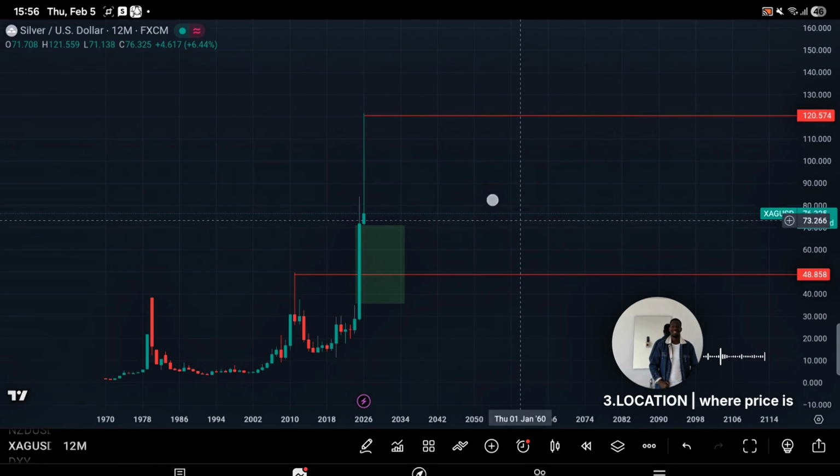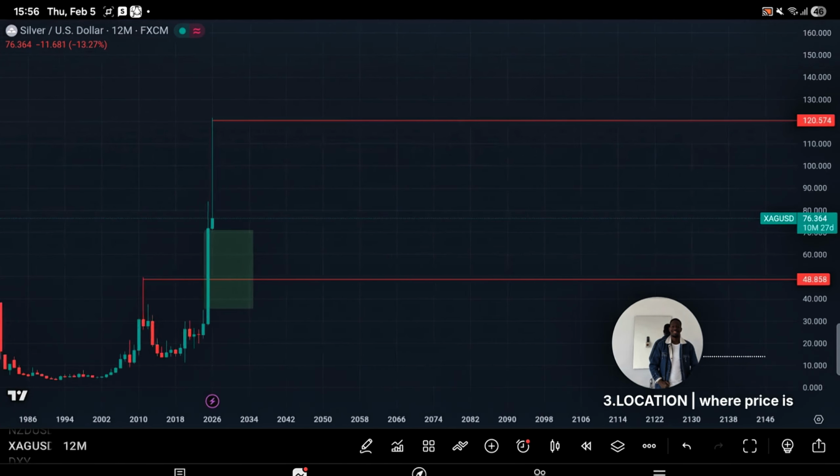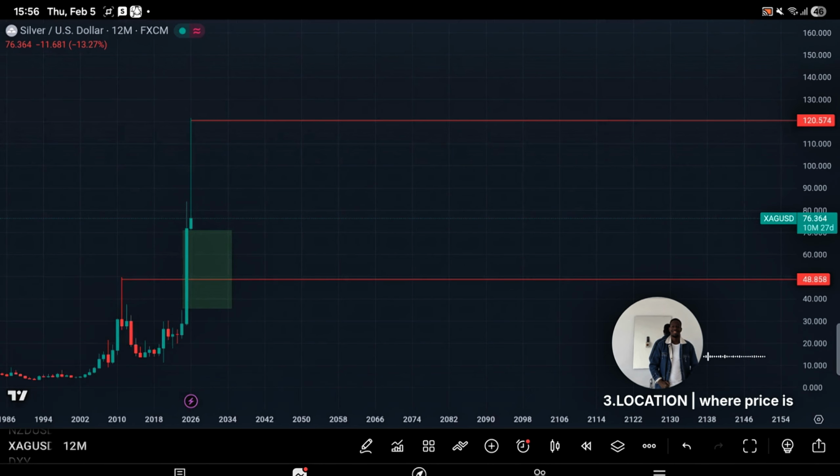You would notice that price is at the middle. This green line is for price here, so it's at the middle. That would tell you that we are somewhere between premium and discount. And the key thing that you want to notice is you want to be able to buy low and sell high.